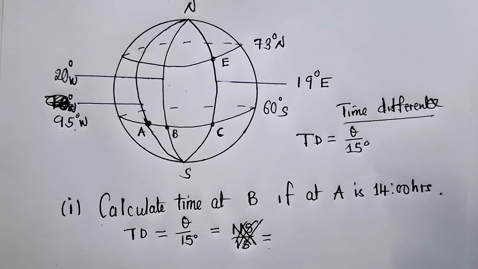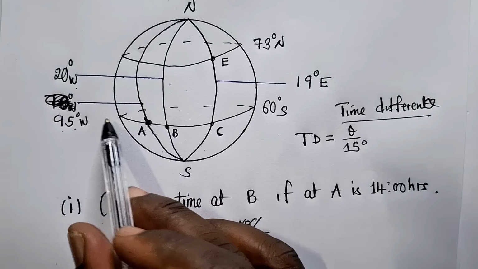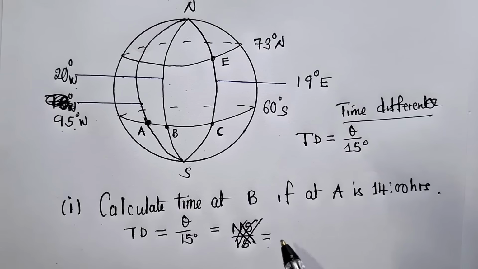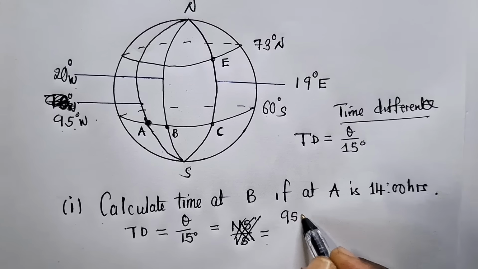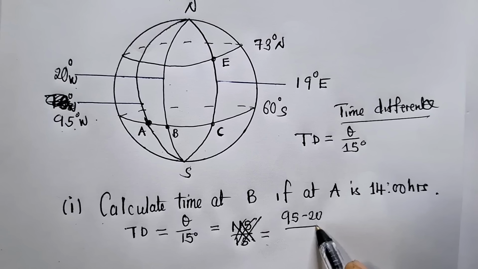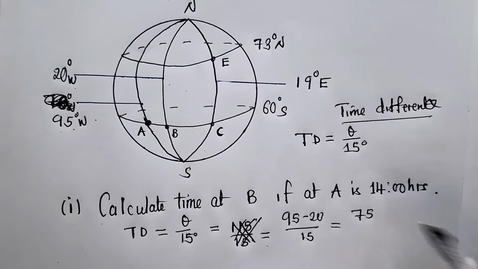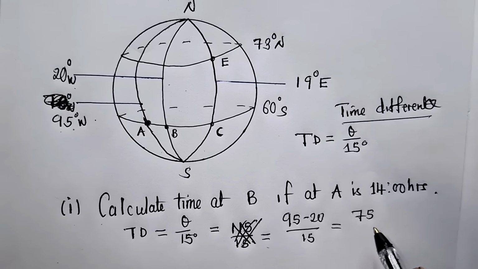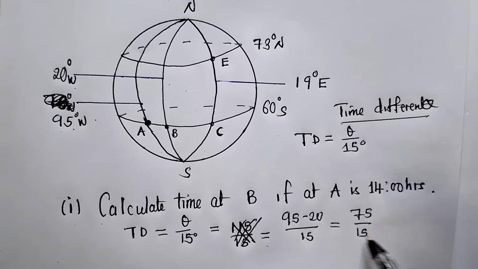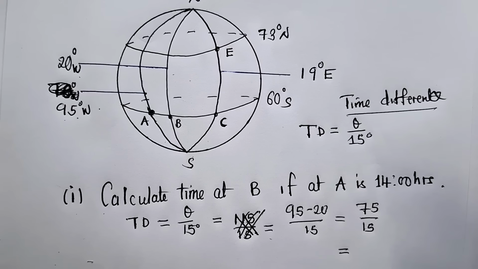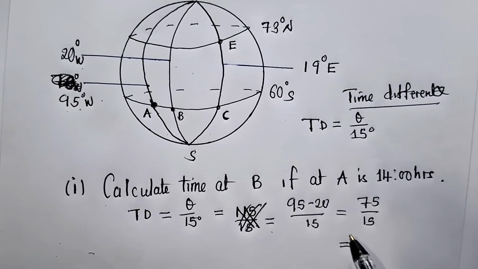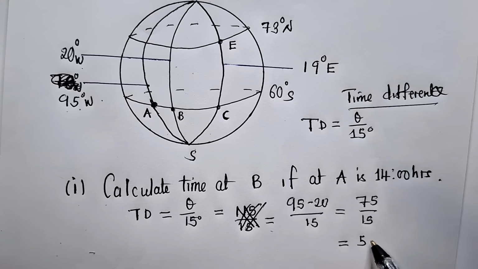Must be 95 minus 20. Remember, for difference, we said same sides, we subtract. So it will be 95 minus 20 over 15. This will give us 75, divided by 15, and 75 divided by 15, what are we getting? We are getting 5. So we're getting 5 hours.